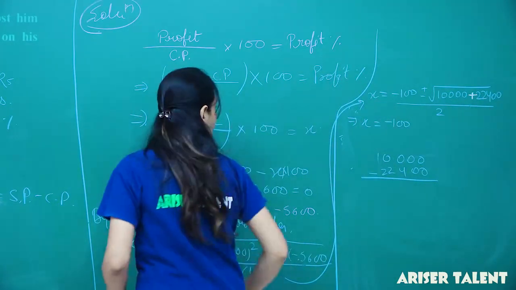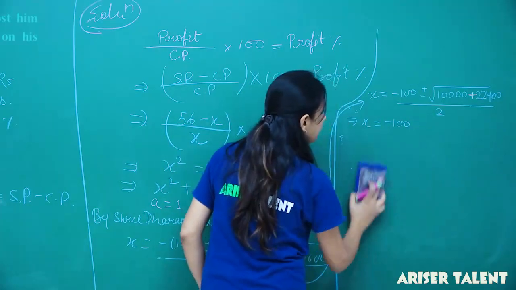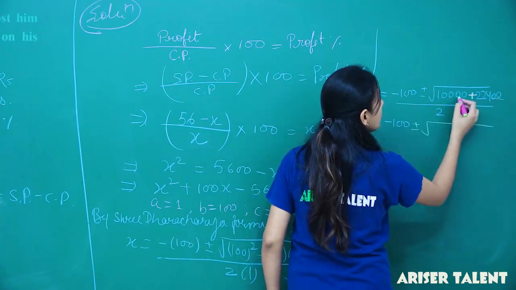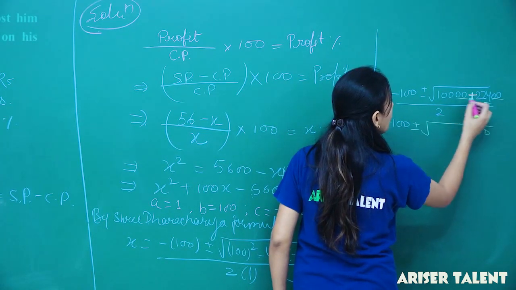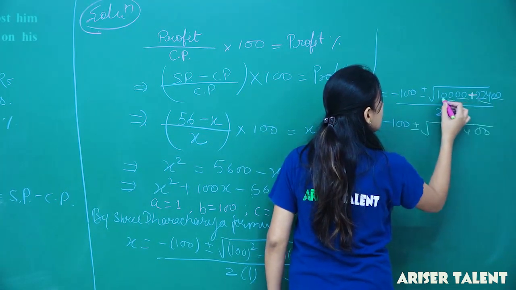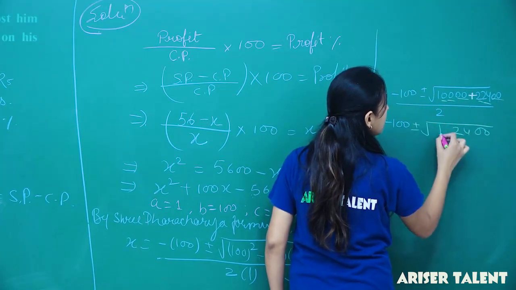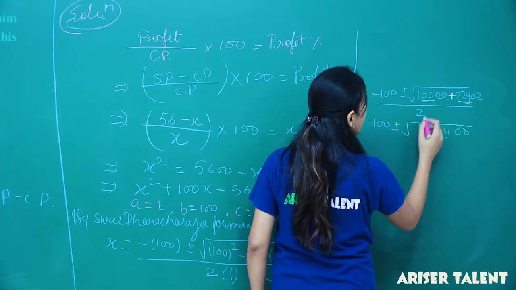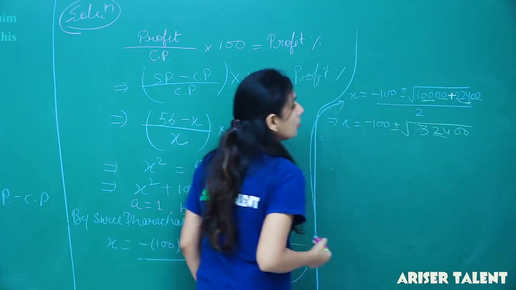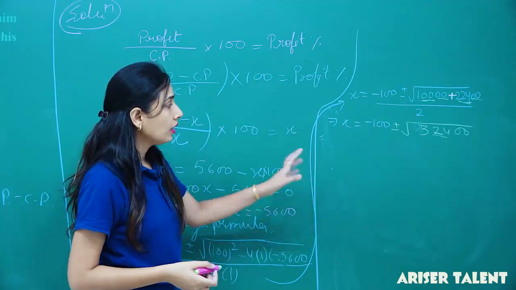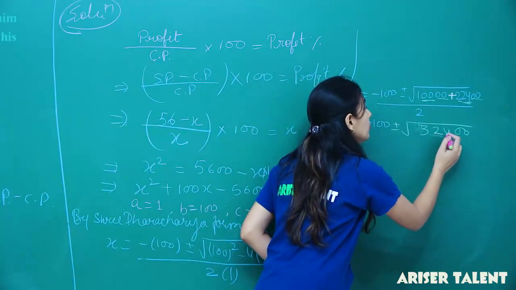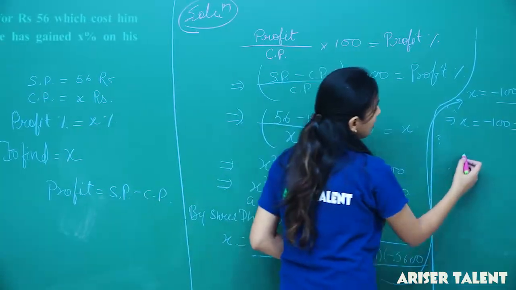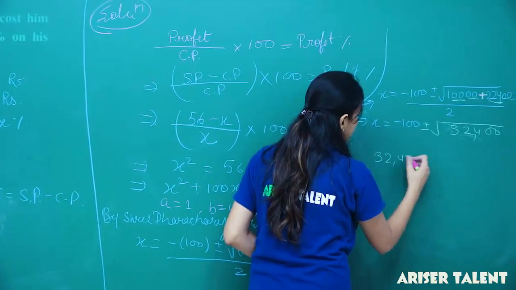So moving further, that will become plus minus root of 32,400. Okay students, now can I have factors of this 32,400?